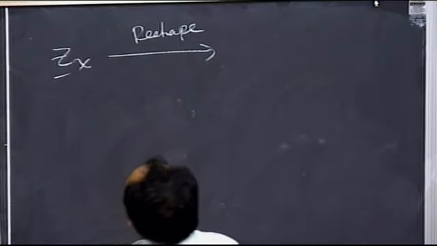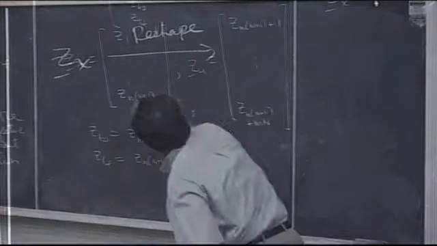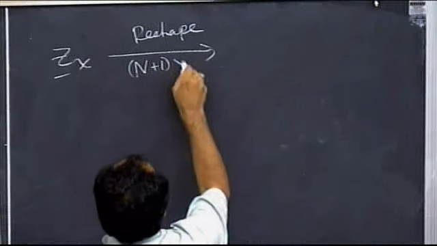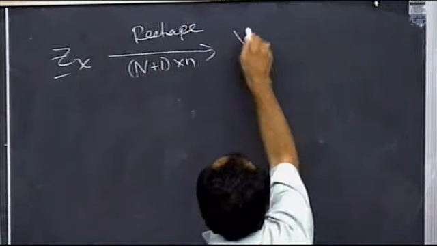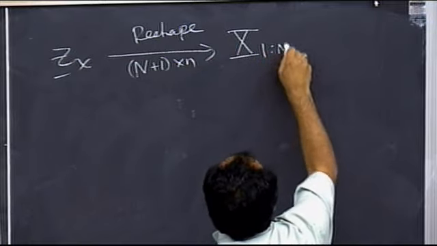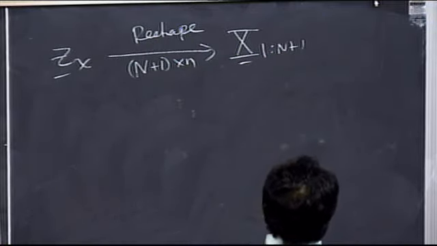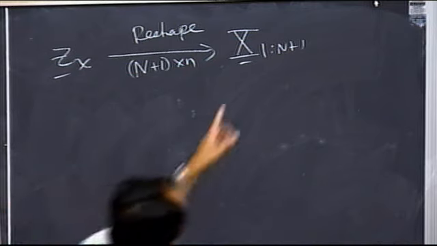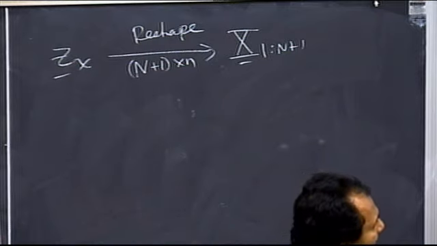The reshape changes this from a vector of length n times (n plus 1) to a matrix of size n plus 1 by n, and what we get out of that is x1 colon n plus 1. All a reshape does is take the elements and put them into a different configuration from what they're in now. Right now they're in the form of a column vector, but I need this to be an n plus 1 by n matrix.